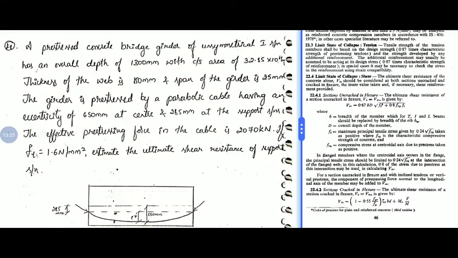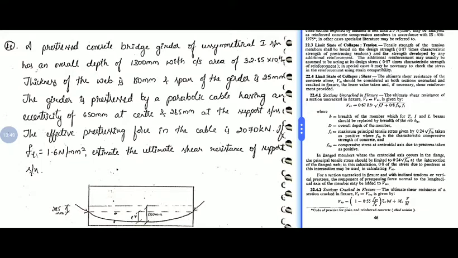So with respect to the centroid of the section, it is below, 650 mm, and eccentricity of 285 at support, but remember here it is not mentioned whether it is above the neutral axis, so we need to consider it as below the neutral axis only.